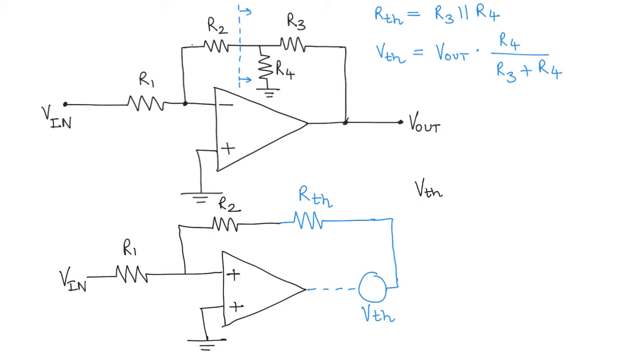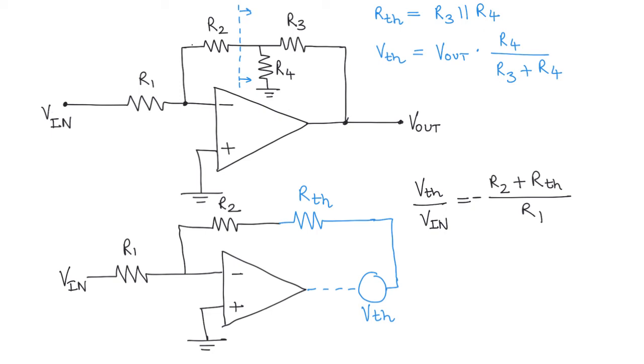VTH over V in is going to be minus R2 plus RTH over R1, with a negative sign because this is an inverting configuration. Okay, I've made a small mistake here. This should be the inverting terminal, right? You can't have two non-inverting terminals in an op amp.